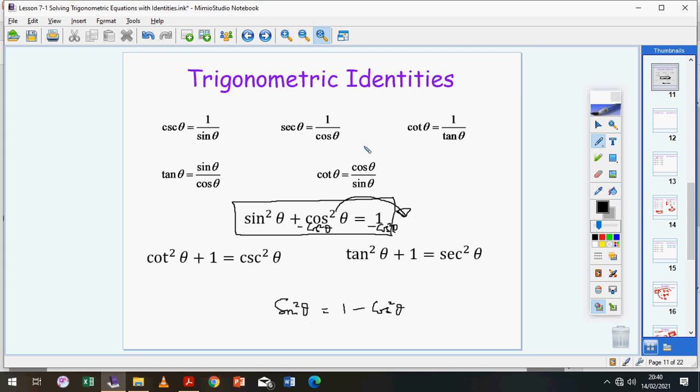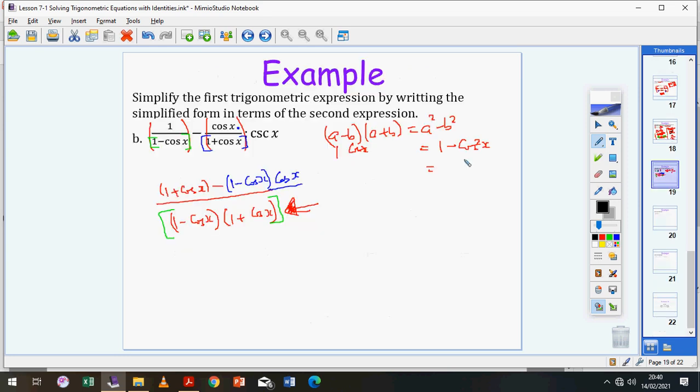So since I have 1 minus cosine squared x, I know that's the same thing as sine squared x. So instead of this whole huge denominator, I'm going to replace all of it with just sine squared x.